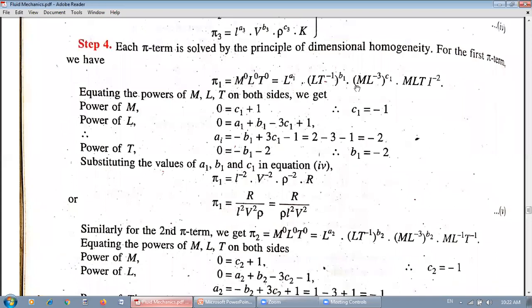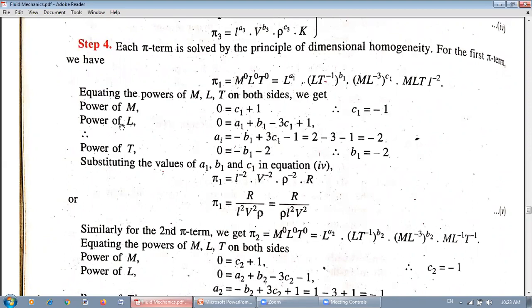Over here M is there, so M raised to 1, so plus C1, and there is no arbitrary power here, so M raised to 1. So it is C1 plus 1. Therefore the value of C1 is equal to minus 1.